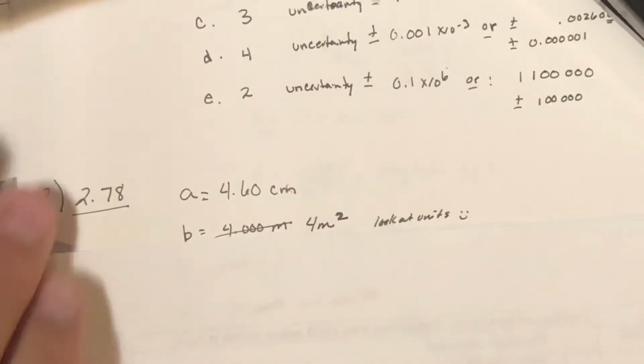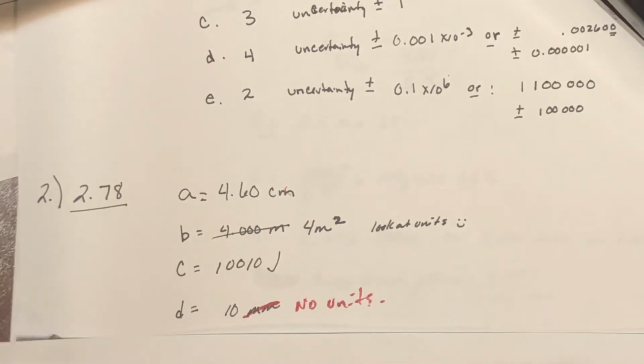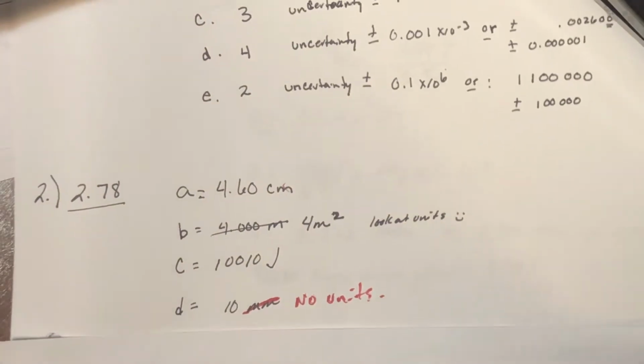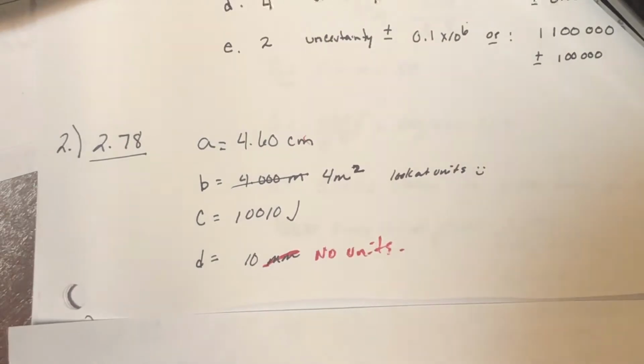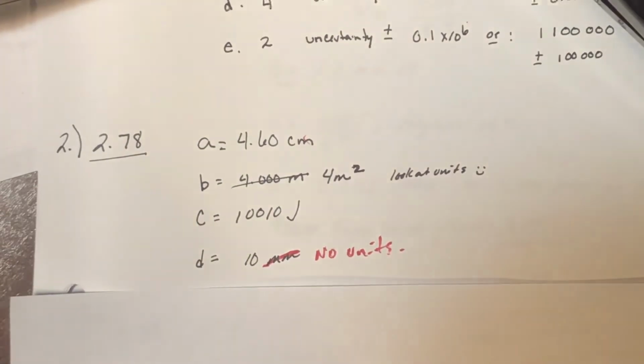Number 2. A is 4.60 centimeters. B should not be 4.000 meters. It should be 4 meters squared. And the reason is one of those parts only had one significant digit, or significant figure.